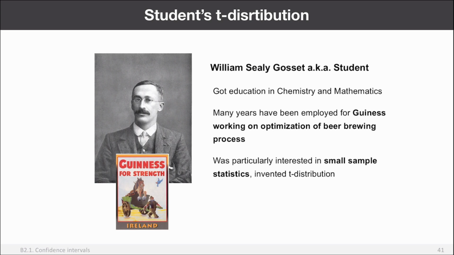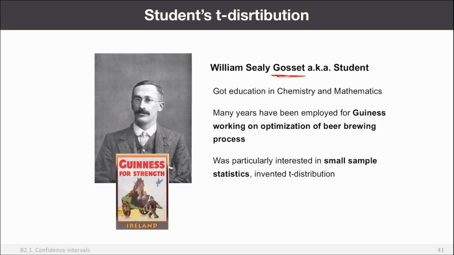So this distribution is known as Student's t-distribution. Why Student's? Because actually it was designed by William Gosset, who worked for the Guinness factory. He was educated as a chemist and mathematician, and he worked on optimization of the beer brewing process. And of course, when you optimize a large production process, you don't have the possibility to run it hundreds of times, right? Because it will be too expensive.